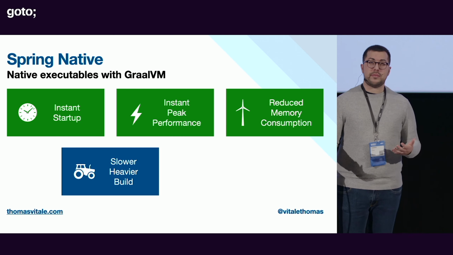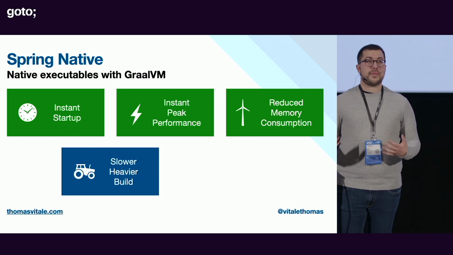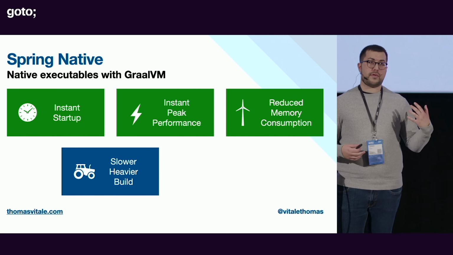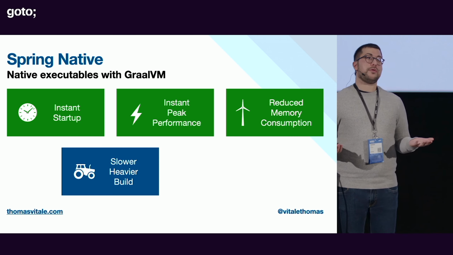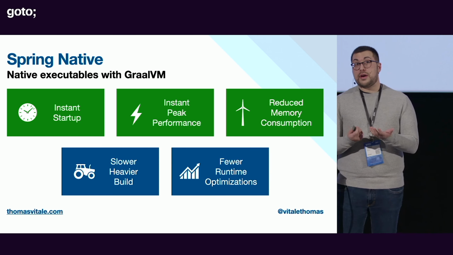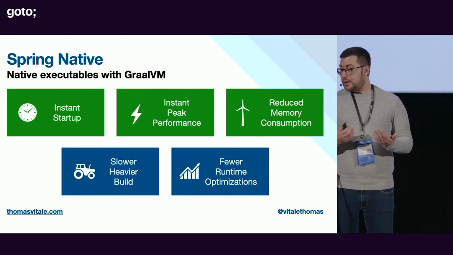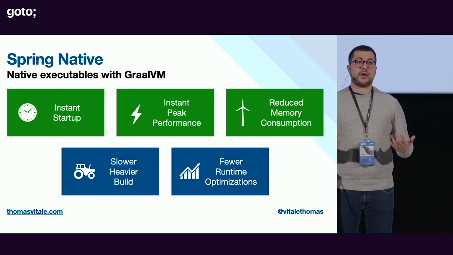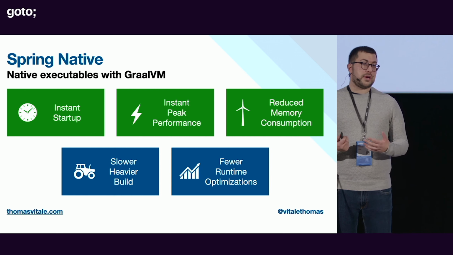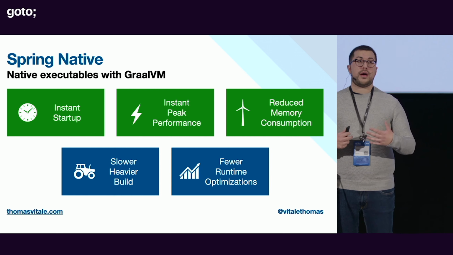It's improving over time. They're working a lot on optimizing the build time, both for GraalVM, but also the Spring Native project. But right now, we need to consider that. Also, there are fewer runtime optimizations right now, because the JVM can dynamically figure out a lot of things at runtime, depending on how things are running.